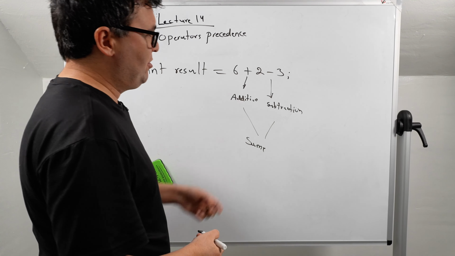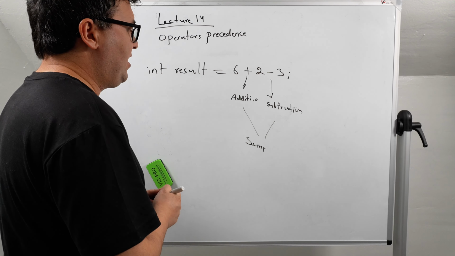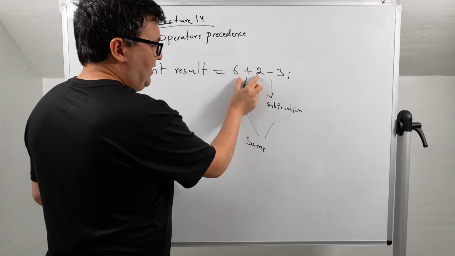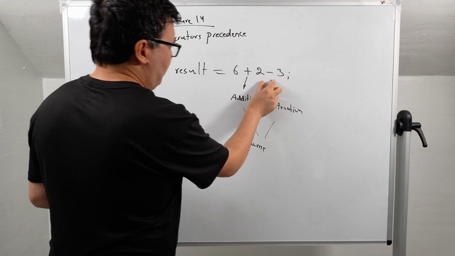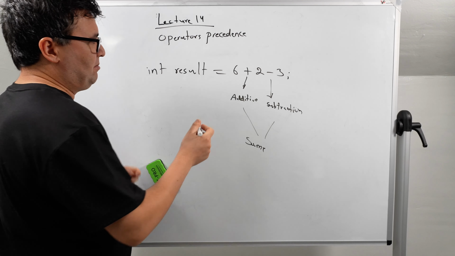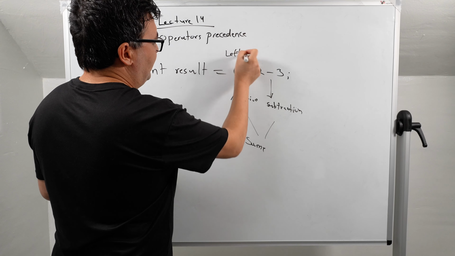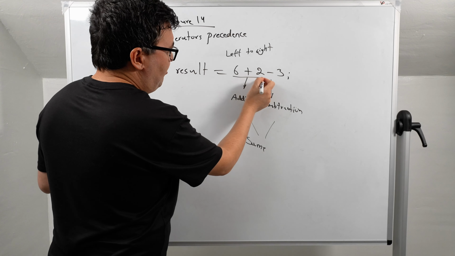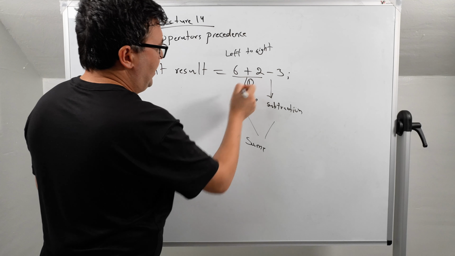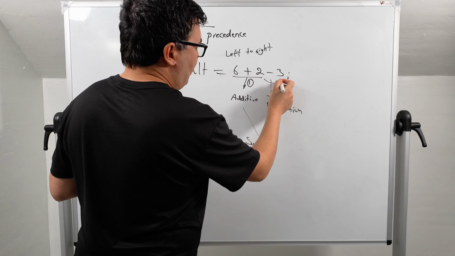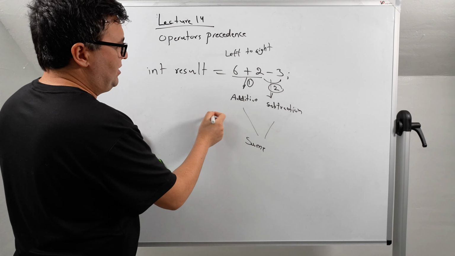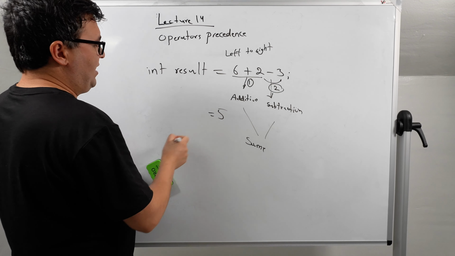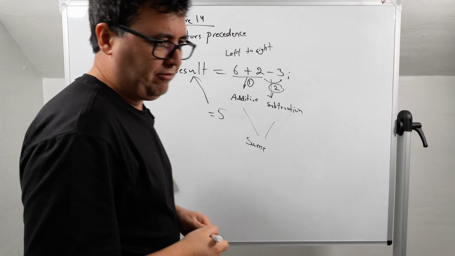So which is performed first? In C++, it is left to right. We perform the addition first, 6 plus 2 is 8, then 8 minus 3 becomes 5. So inside variable result, we have 5.